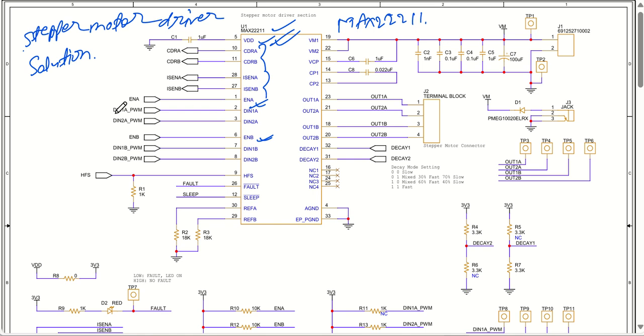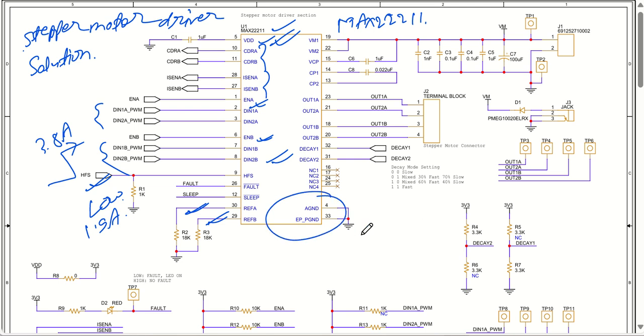Then we have the PWM input pin for the first channel and similarly the input pin for the second channel, so two PWM inputs for each. Then there is the pin I was telling you about: if you keep it low, it will be 1.9 ampere, and if you pull it high, let us say my microcontroller sets it high, it will become the 3.8 ampere rating. So the current limit can be set by this one. We have reference for channel A and reference for channel B, which are set to default values. We have the exposed pad and analog ground, which are grounded here.